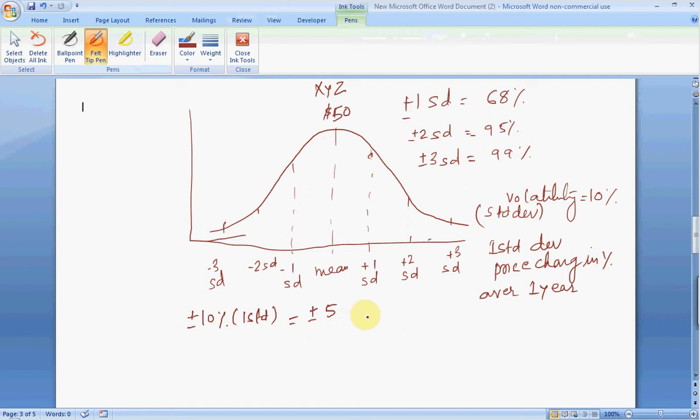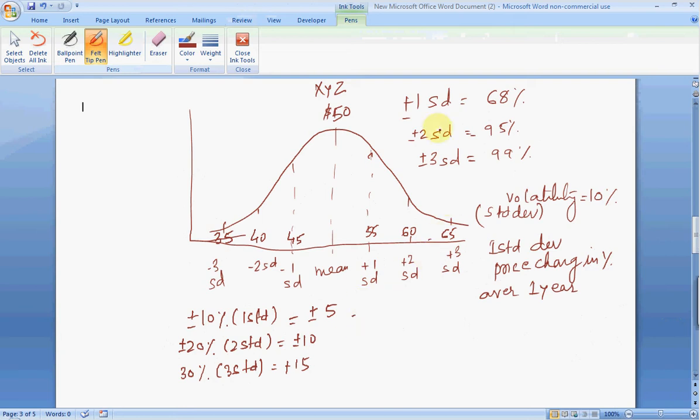We get a range of plus 5, that would be 55, minus 5, that would be 45. Plus minus 2 standard deviations, 20%, that would be plus minus 10, so that would be 60 and 40. Similarly, 3 standard deviations away from the mean would be 15, so this would be 65 and this would be 35.